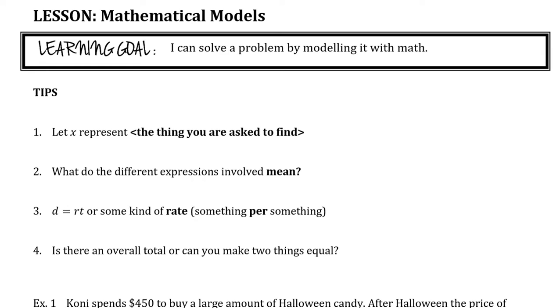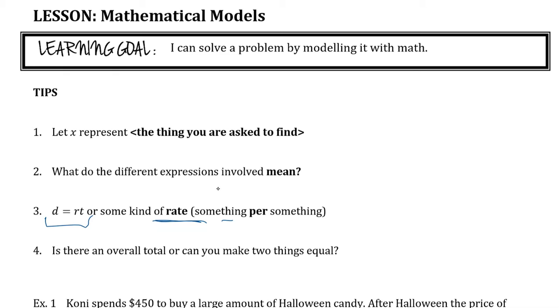And to do that, you might use D equals RT, which is the relationship between distance, rate, and time. Okay? So if it has anything to do with speed or time or distance, you should be thinking of D equals RT and how that can help you. But if it has something to do with something else, like the example we're going to do is money, then you just have to think of what the rate is.